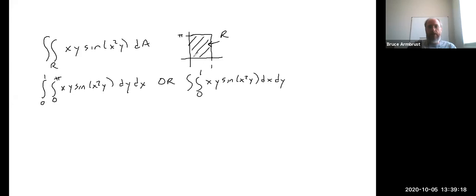And then the y's range from 0 to pi. And this is always the case when you have a rectangular region. If you do it in the opposite order, the only thing that changes is the bounds swap. They flip-flop. All right, so we good with the setups of these two?